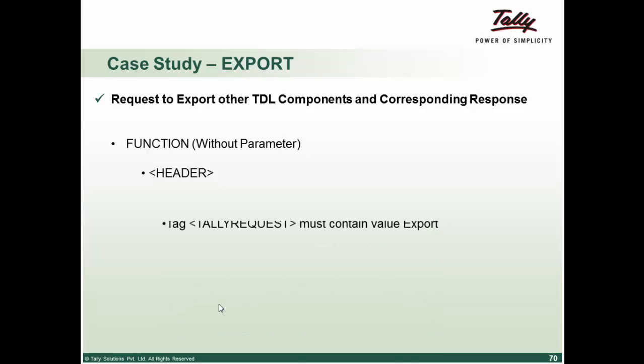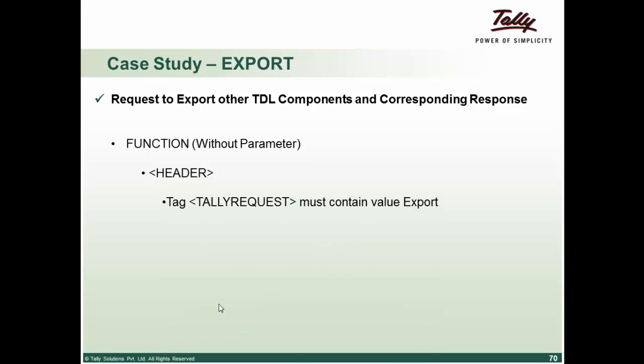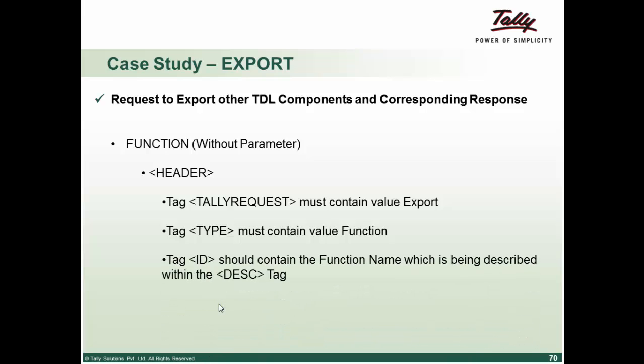Function without parameters. Header tally request must contain export. Type must contain function, and tag ID should contain the name of the function, which is going to be described within the description tag.